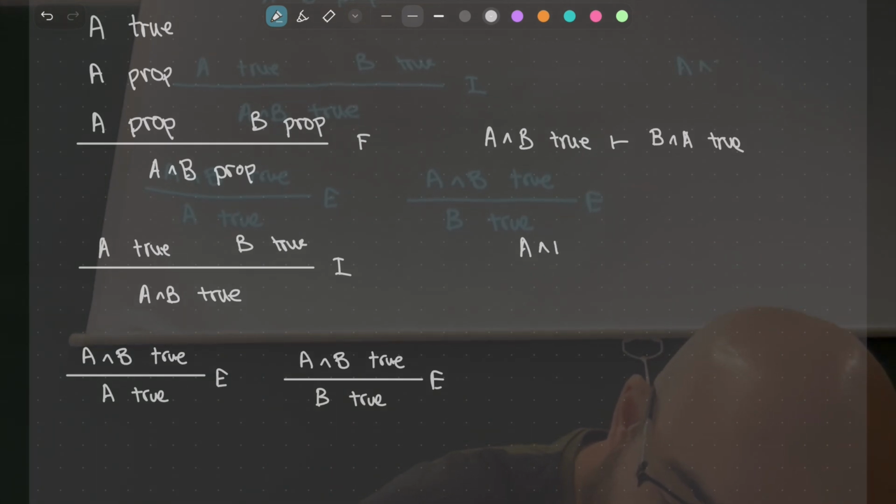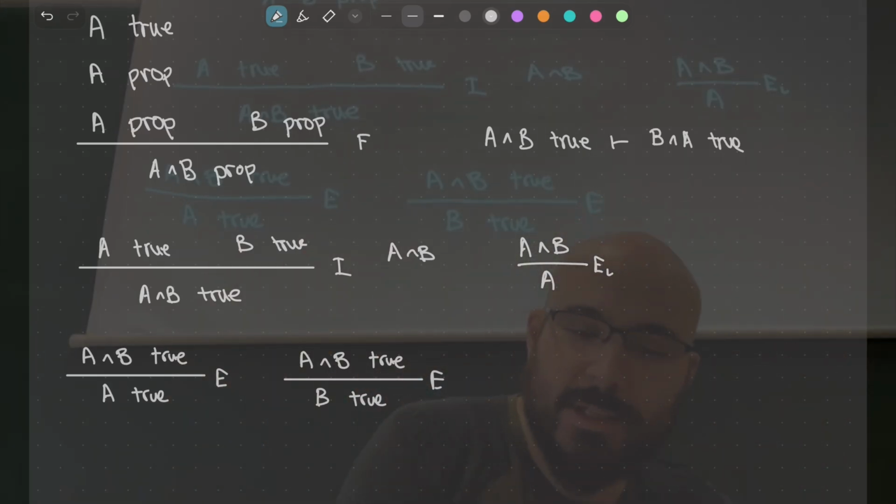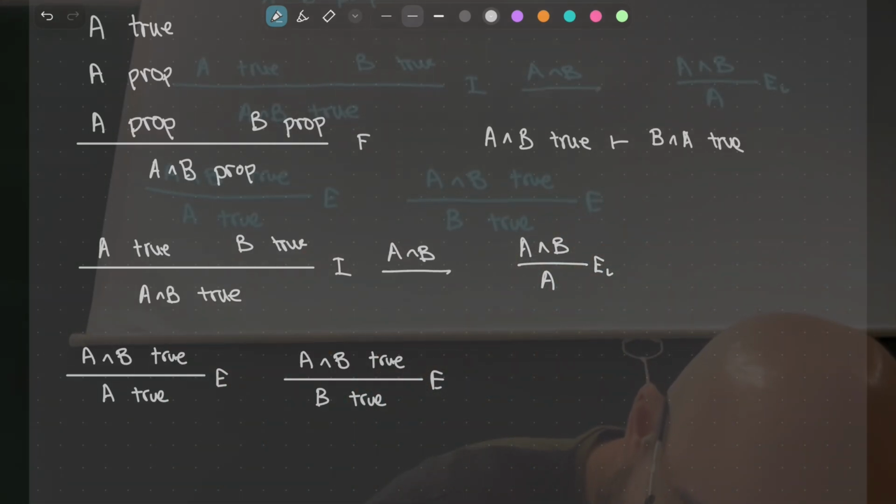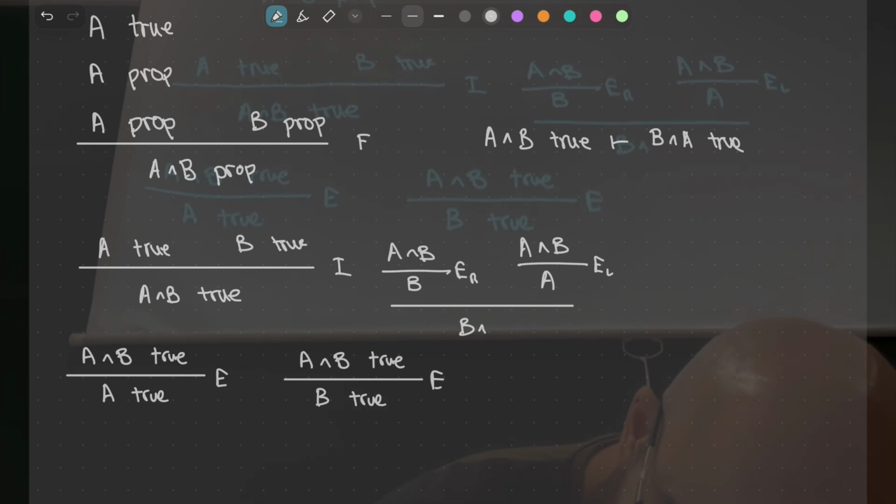So from this, I will get A. I'm using the left elimination rule. And also from this is where commutativity happened. I went on the other side, okay? So also from this, I will get B from the right elimination rule. And now from this, I will put them together, and I will get B and A.